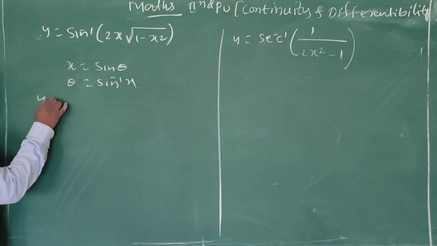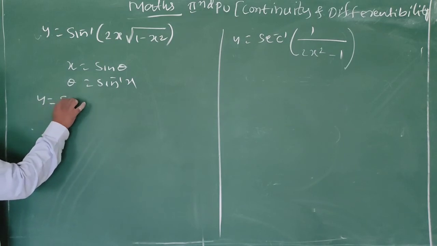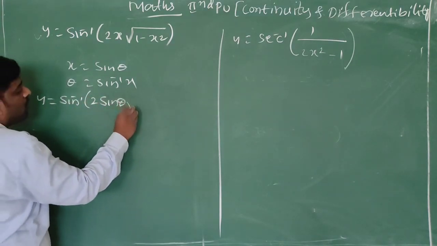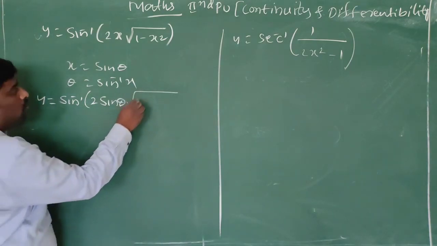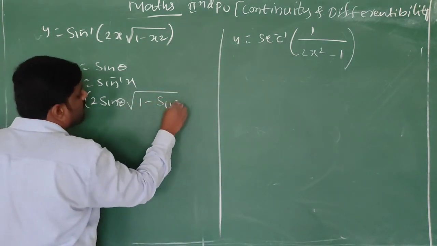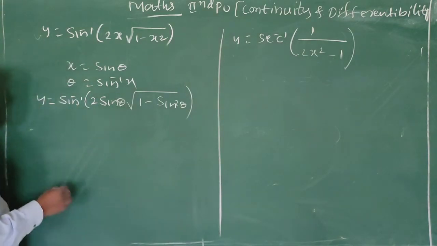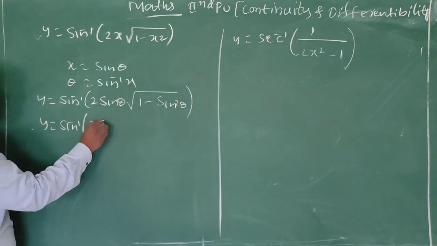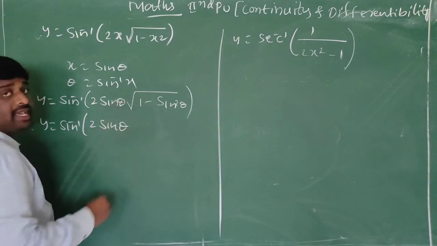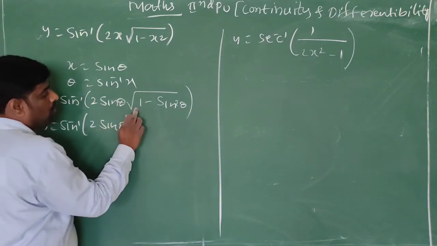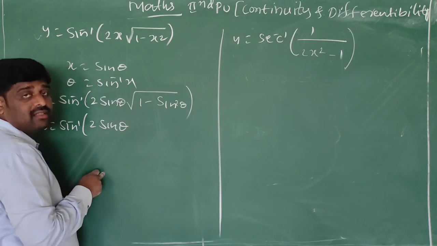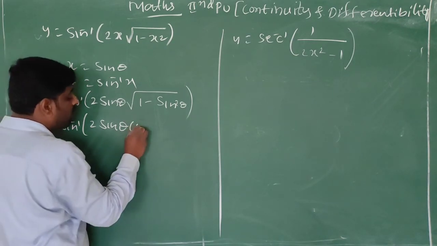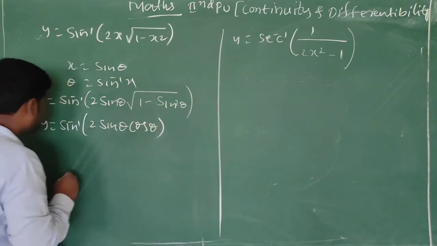So y is equal to sin inverse of 2 sin theta square root of 1 minus sin square theta. 1 minus sin square theta is cos square theta, and square root of cos square theta is cos theta.